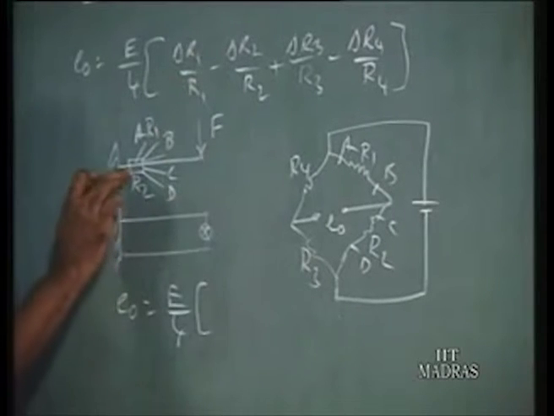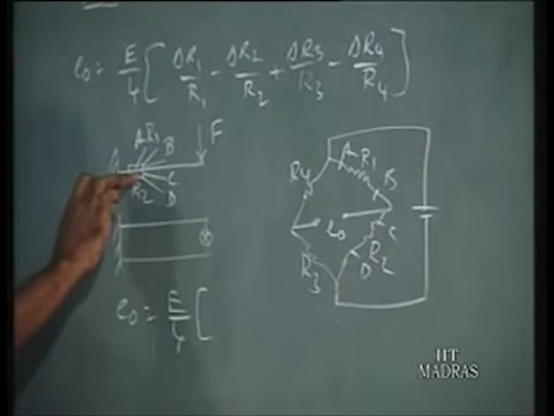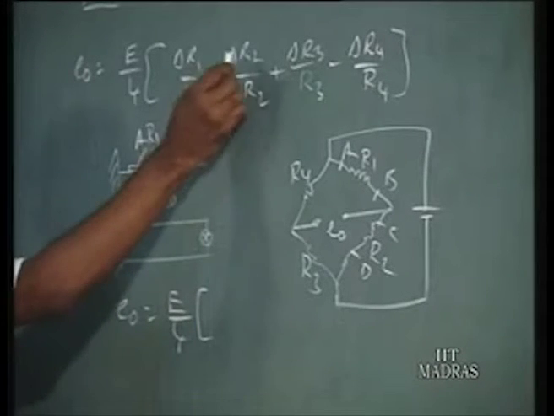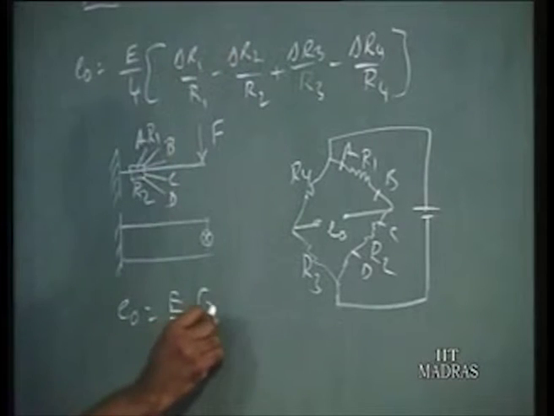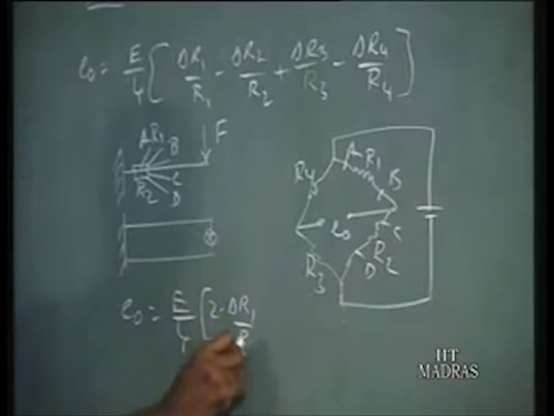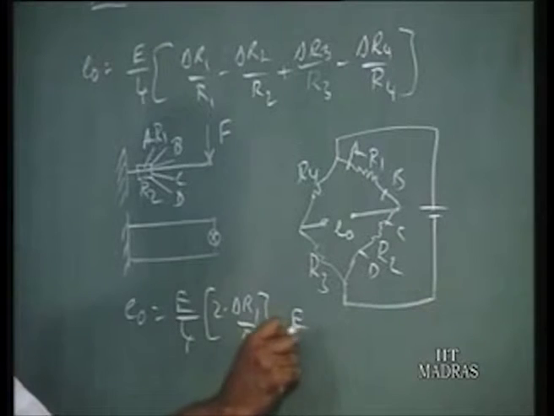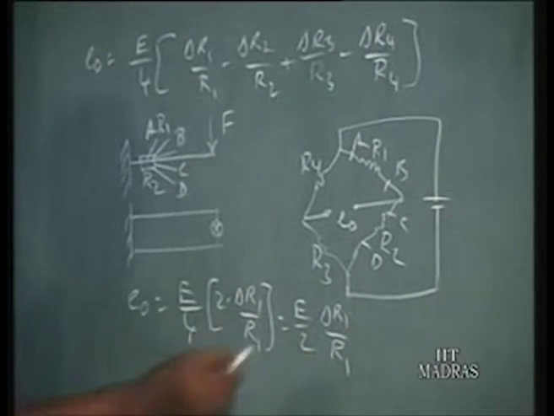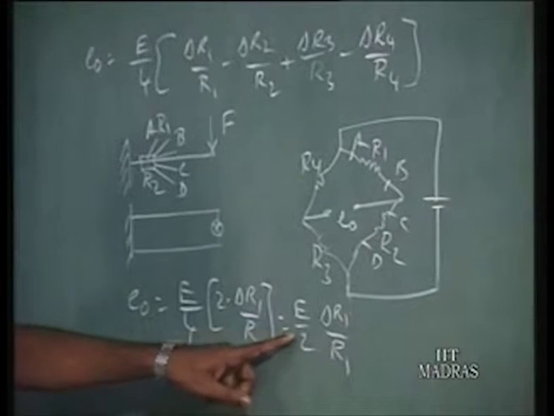We know the tensile strain and compressive strain are equal in magnitude, though they are opposite in polarity. So the magnitude is the same, twice delta R1 by R1, so it is equal to E by 2 delta R1 by R1. That is twice the sensitivity of the quarter bridge.